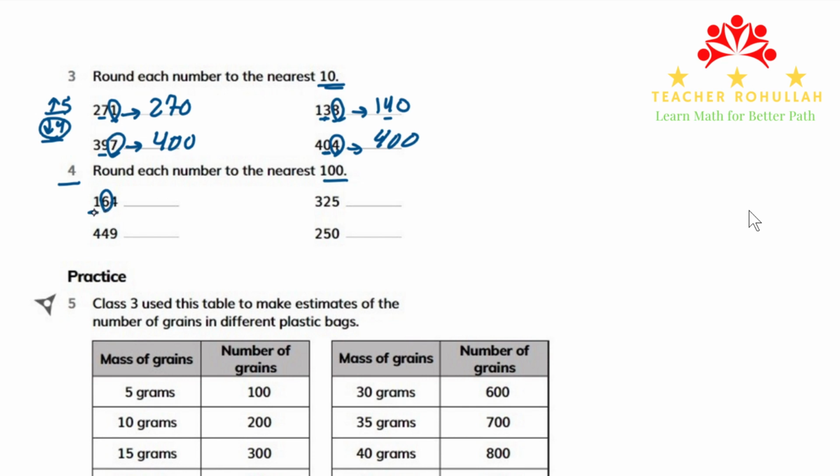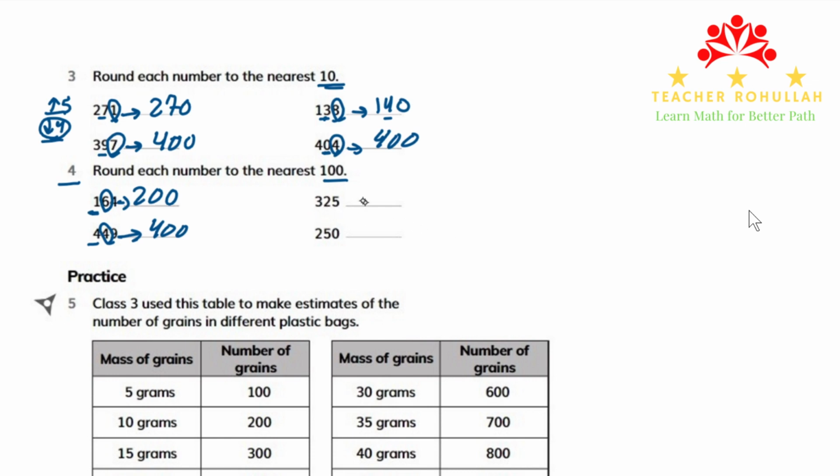To round up means to increase the underlined digit by 1. 1 plus 1 is 2. So the rounded number is 200. The second number is 449. Again, we underline the digit in the hundreds place and circle the digit in the tens place. 4 is 4 or less. So the number rounds down and we get 400.